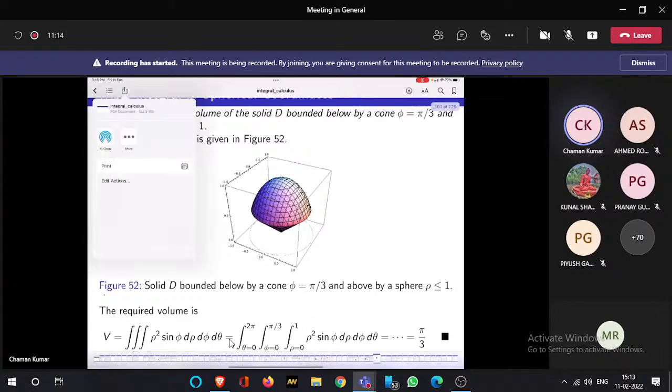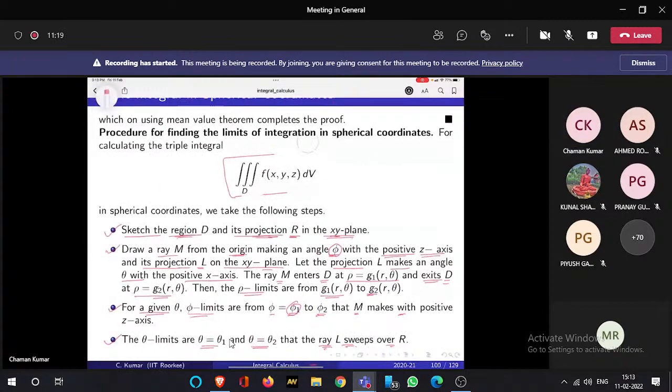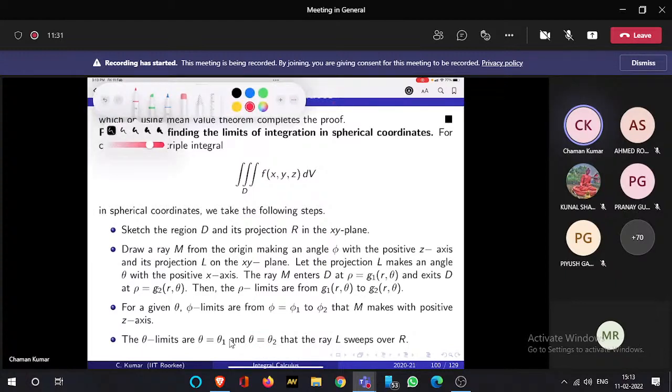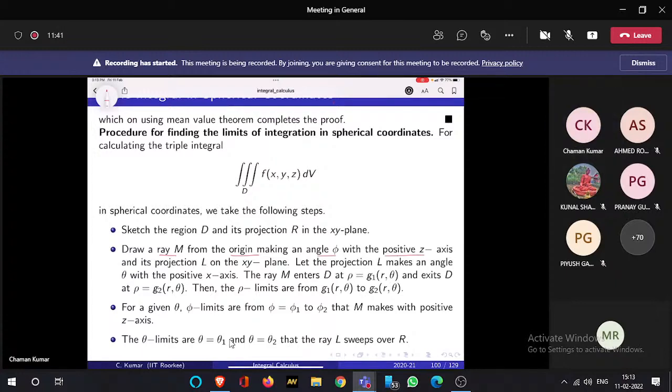So the first step is done. Now we have to go to the second step. In the second step, we have to draw a ray from the origin which makes angle phi with the positive z-axis, and we also draw the projection of this ray, which we denote by L, onto the xy plane.